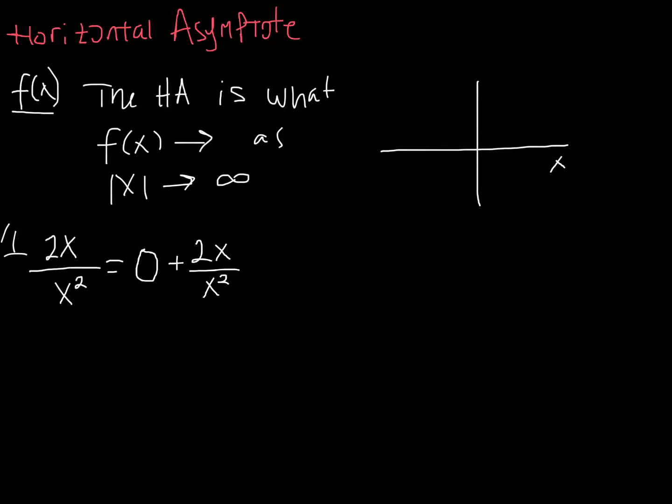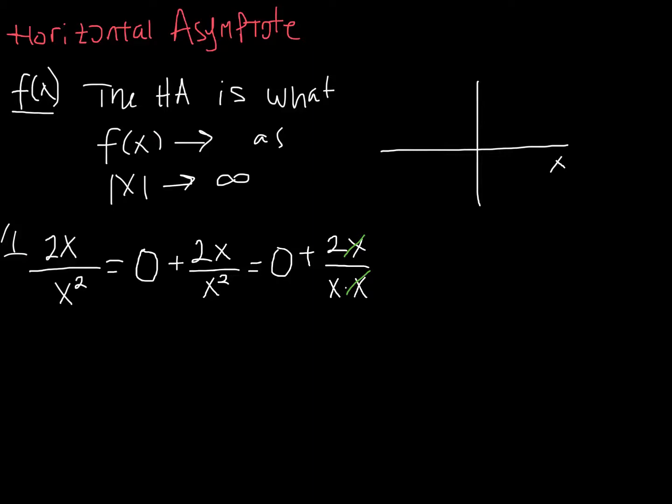And we could even simplify this further, because think about what this is saying. This is saying that I have 0 plus 2x over x times x. And you know that if I'm multiplying by an x on the top and an x on the bottom, those will cancel.